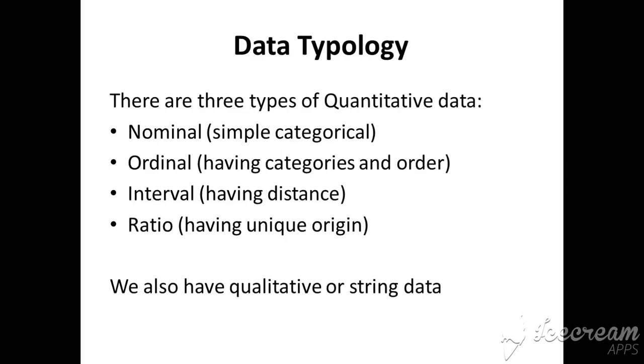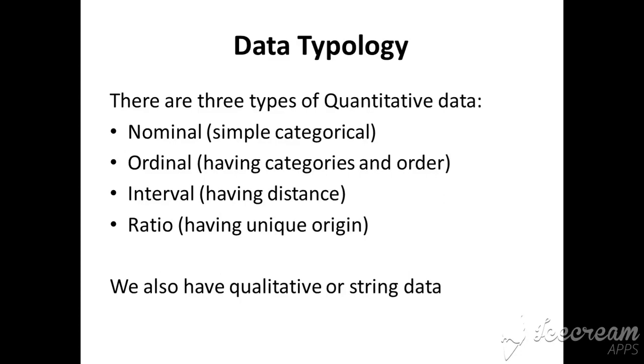We have four types of data, as you can see here. One is the nominal, the other is the ordinal, then we have the interval and ratio data. The nominal data is simple data which is called categorical data, while the ordinal data has categories and has an order.